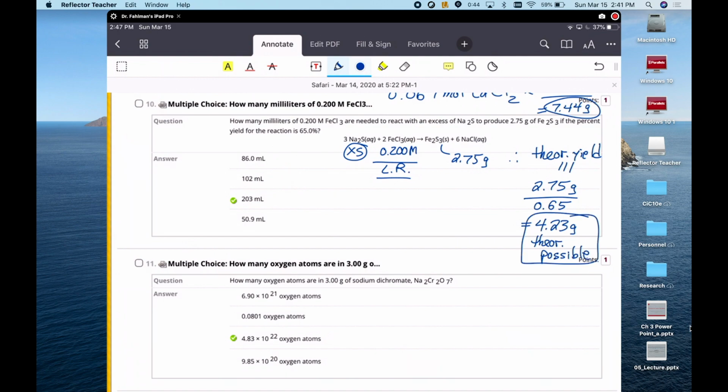That is how many grams are theoretically possible, but you're told you only made 2.75 grams. That's kind of the trick in the question.